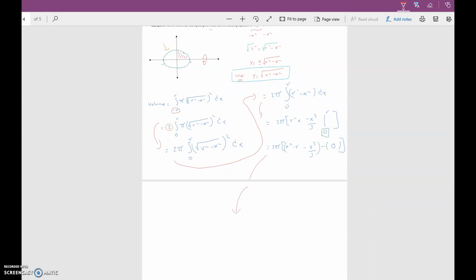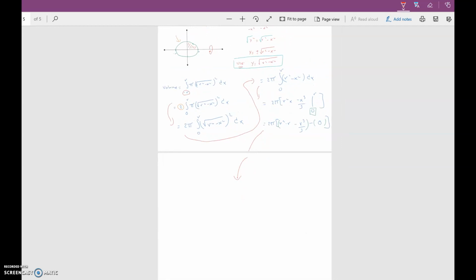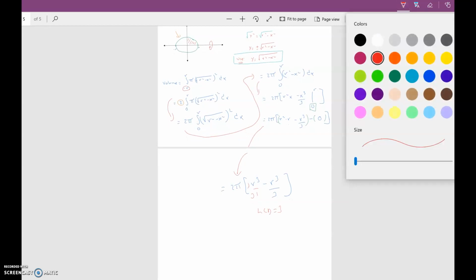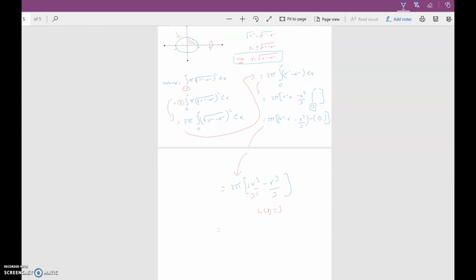So let me transfer this here. We're still looking at 2 pi times r to the third minus r to the third divided by 3, and we need to get an LCD.